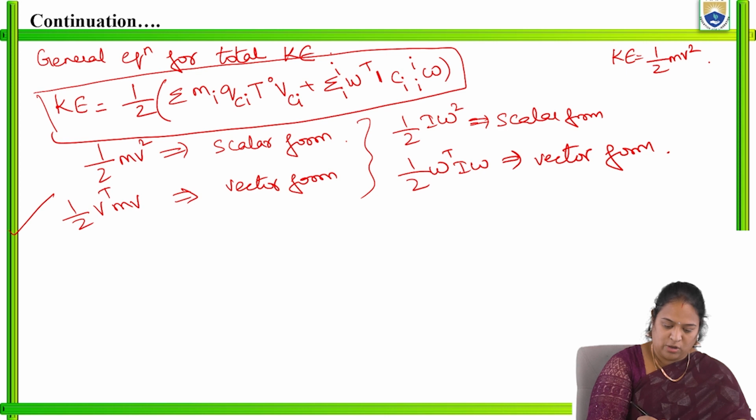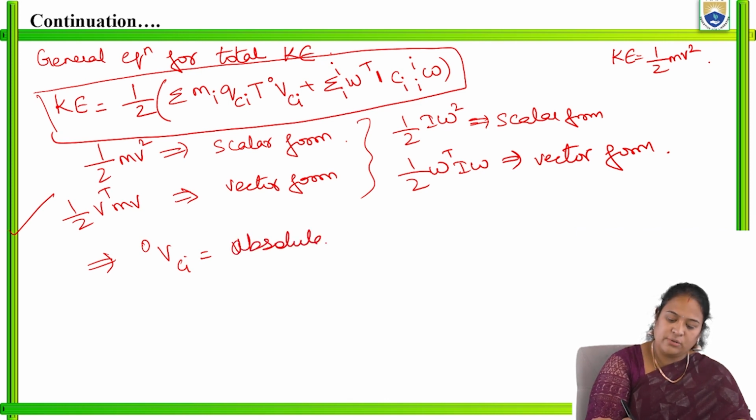Now, in order to find the absolute velocity, v_ci is nothing but the absolute velocity.